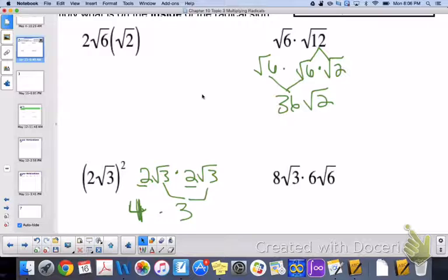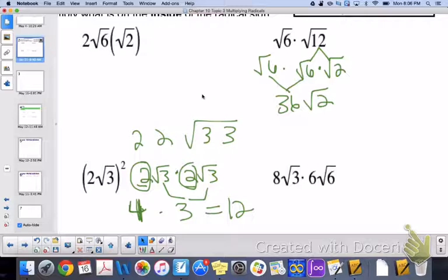Okay, so 4 times 3, that gives us 12. Again, what I did there, what's on the outside is 2 times 2. What's on the inside is 3 times 3. Okay, so that's how we get those. So 4, and then root 3 times root 3 is root 9, which is 3. And then 4 times 3 gives us 12.